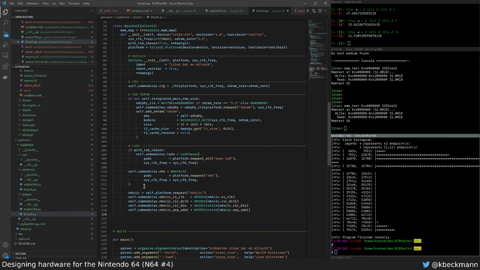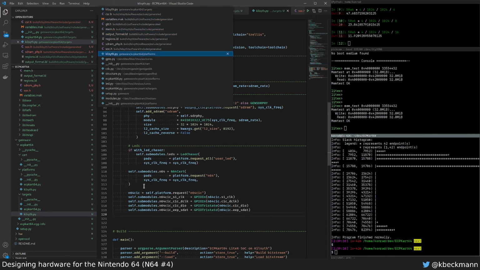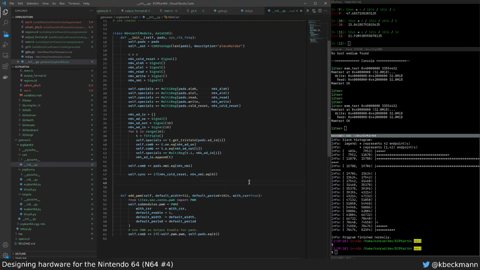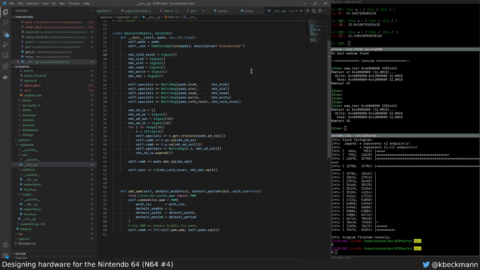And then for the N64 bus, we wrote some boilerplate or whatever, basic stuff that handles the inputs so that they are being registered, and the outputs so that we are able to access them in a sane way, which is good.